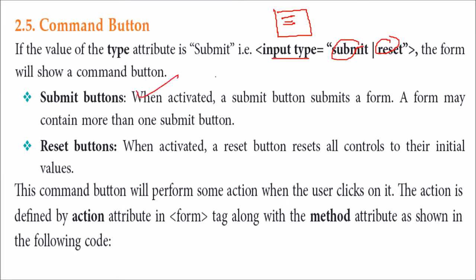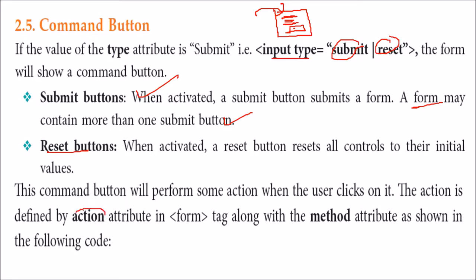Submit, when you activate it, all the content filled up in the form will be sent to the server, and a form may contain more than one submit button also. The reset button, if you reset it, all the content written here will be gone, so it will be refreshed. So for the next entry, the form is now ready.